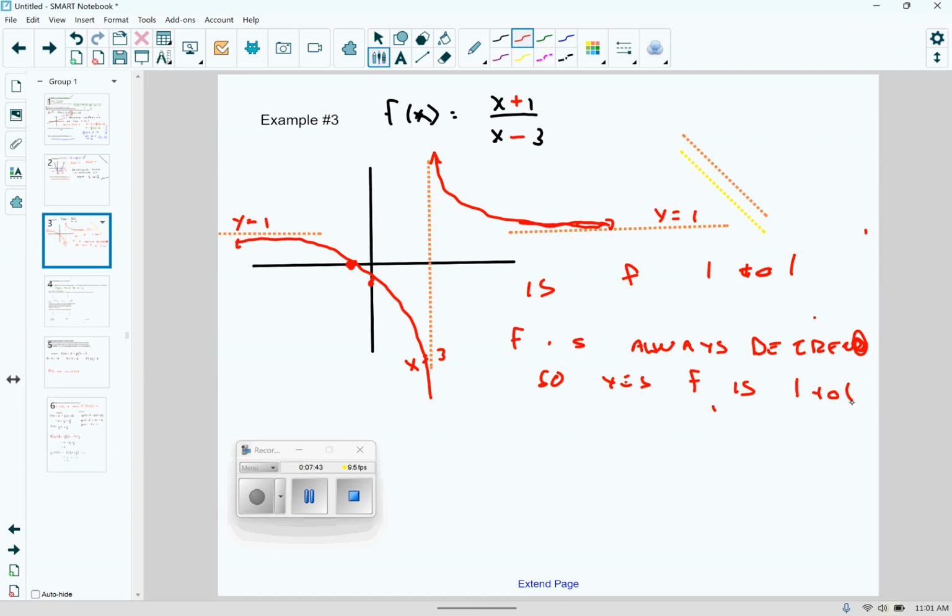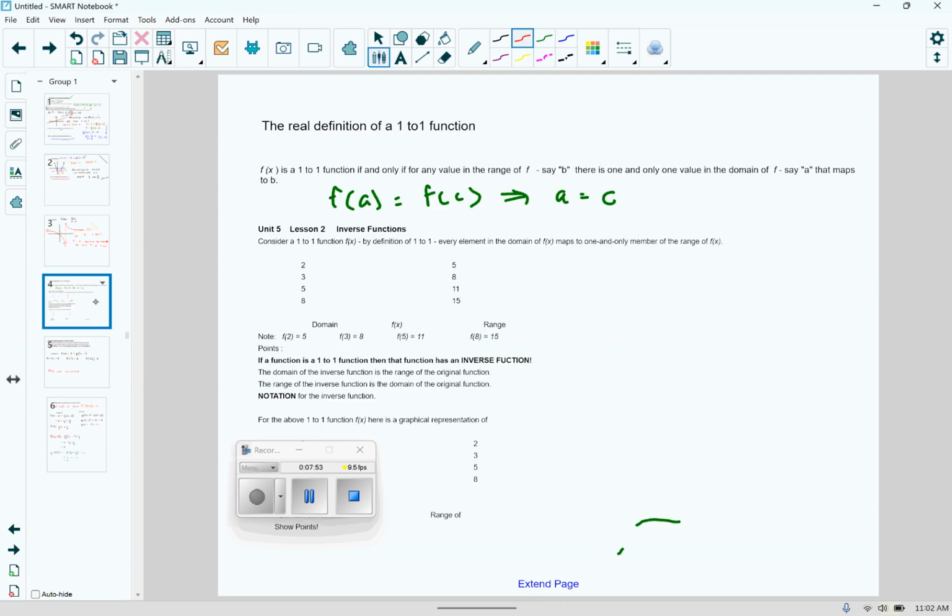Okay, let's continue on with the video. Now we're going back to the definition of a 1-to-1 function. We've already given you that. f of x is a 1-to-1 function if and only if for any value in the range of f, say b, there's one and only one value in the domain of f, say a, that maps to b.